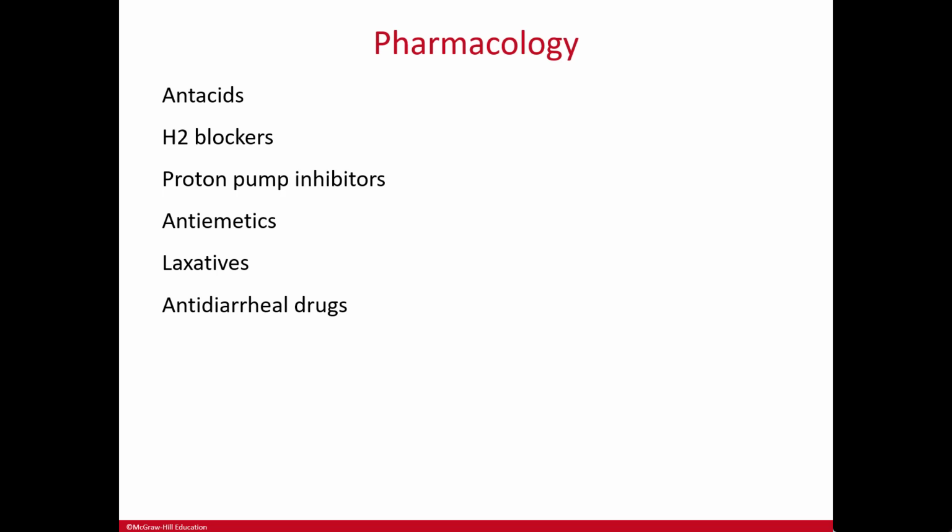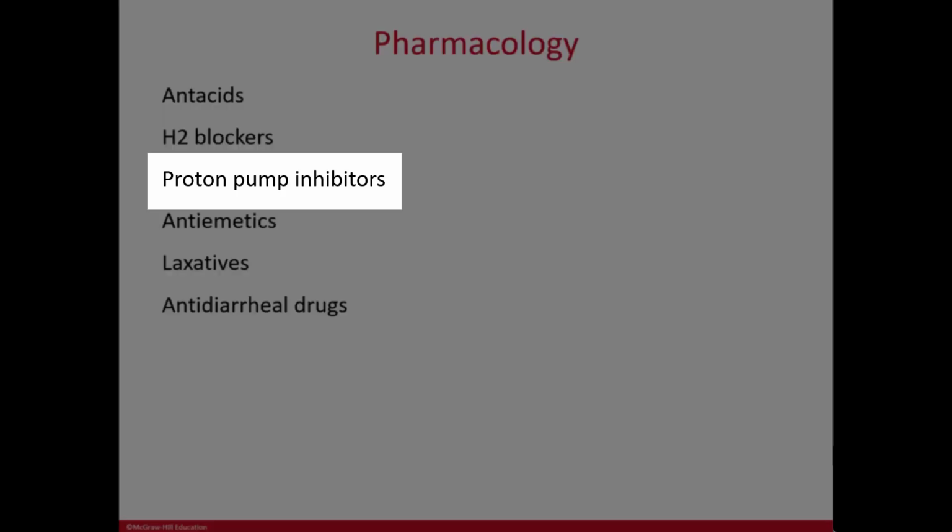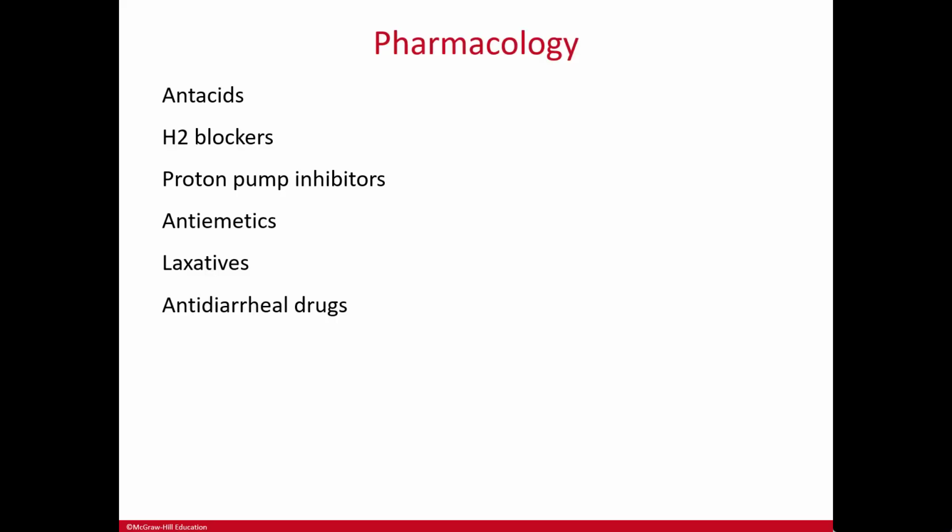So drugs like Tagamet and Pepcid and Zantac are also antihistamines, but they work in the stomach instead of like Zyrtec and Benadryl, which block histamines in the rest of the body. Proton pump inhibitors also block the secretion of hydrochloric acid, but they work on different cells in the stomach. So drugs like Prilosec and Prevacid and Nexium are what we call PPIs or proton pump inhibitors.